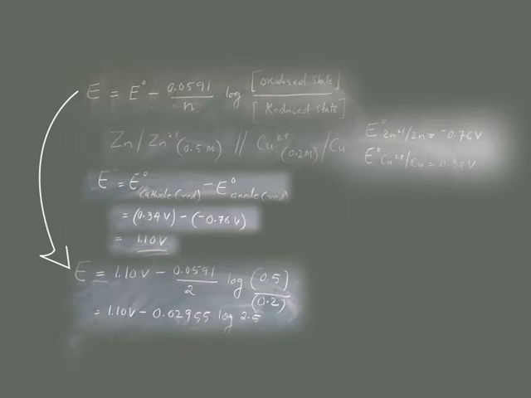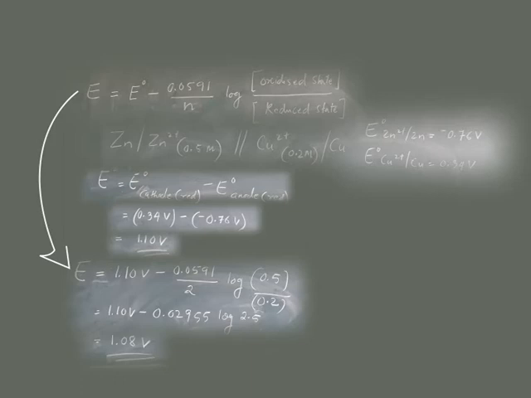Now when you do this one, it will be 2.5. So the final answer, if you substitute all this together, you'll get 1.08 volt. So this is our answer for this question.